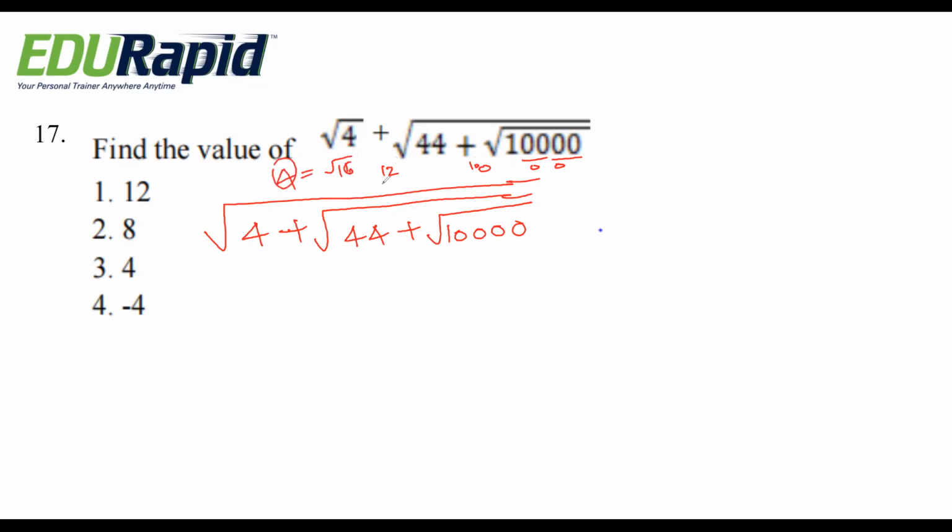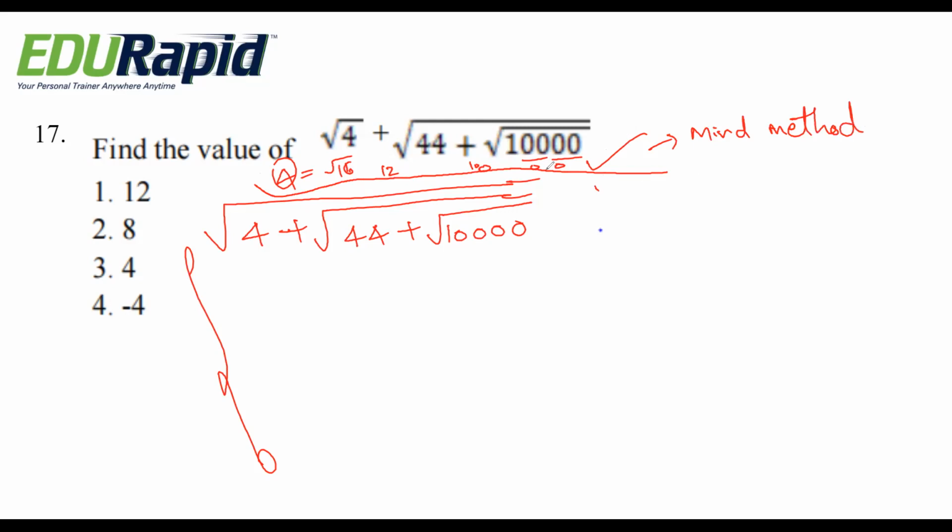I'll explain here. You can note this down, this is using the mind method. You have to reduce the two zeros to a single zero.